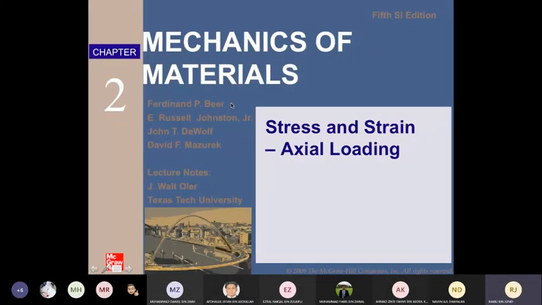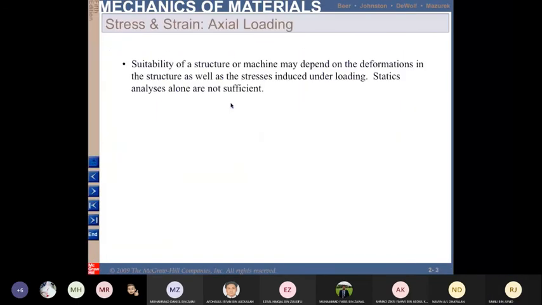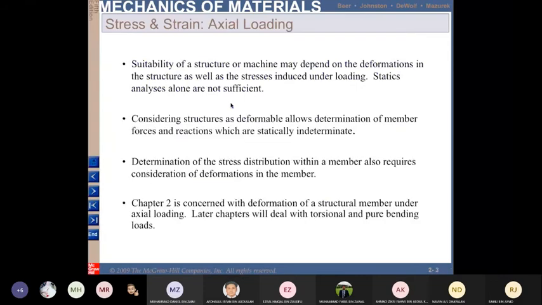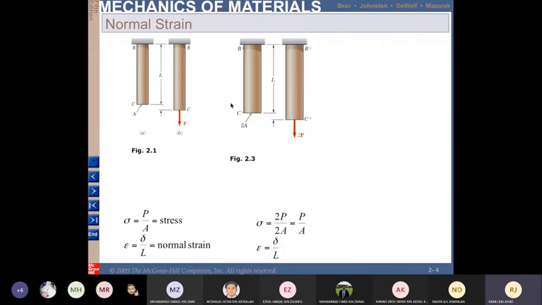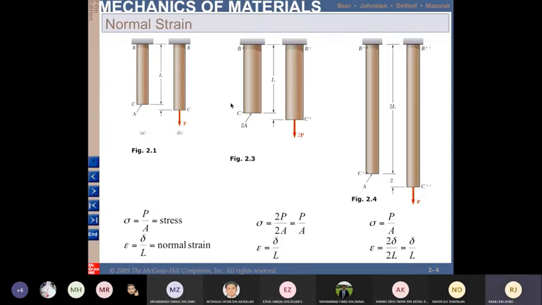Okay. Stress and strain, axial loading. This is just introduction. Okay. This axial loading, this is also axial loading lah. So when it is perpendicular to the area.